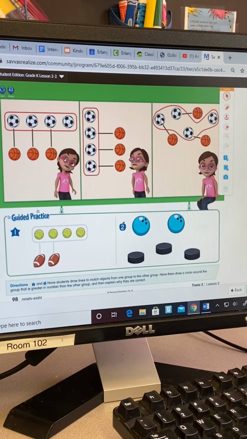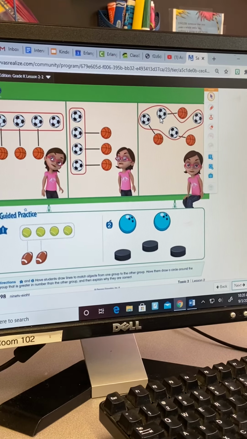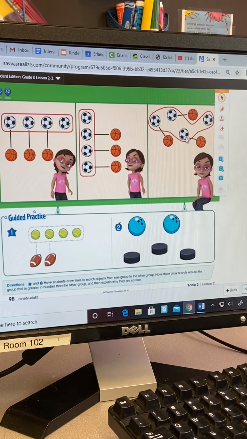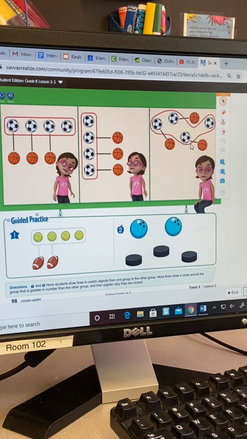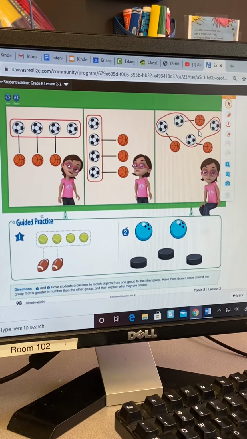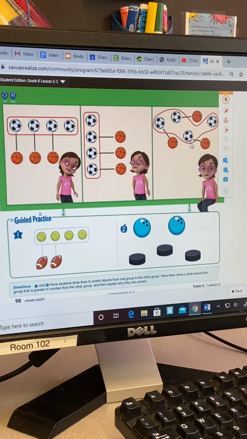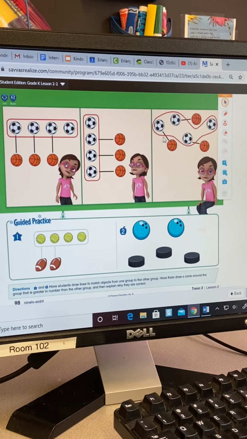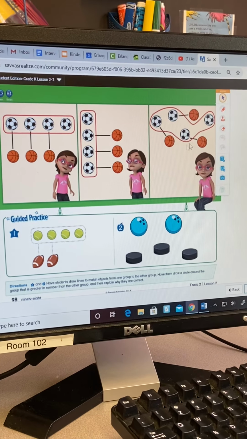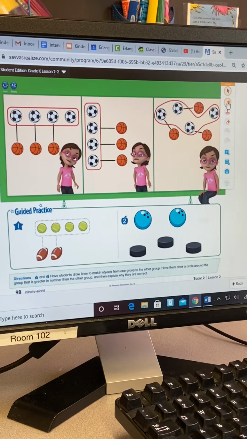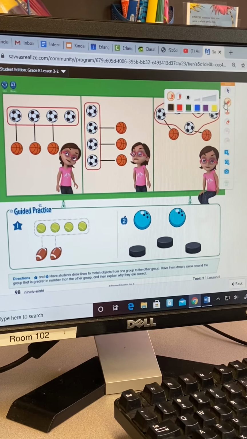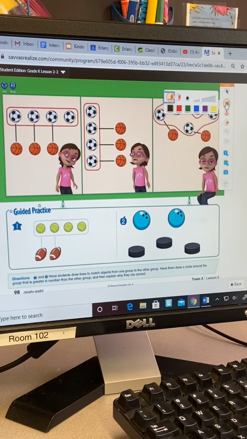So she drew her line from her soccer ball to the basketball, soccer to the basketball, soccer to the basketball, and then she still could see that she has more soccer balls than she does basketballs. So she drew a big old circle to show she has greater the amount of soccer balls. So we're going to do this guided practice together before you work on the worksheet on your own.